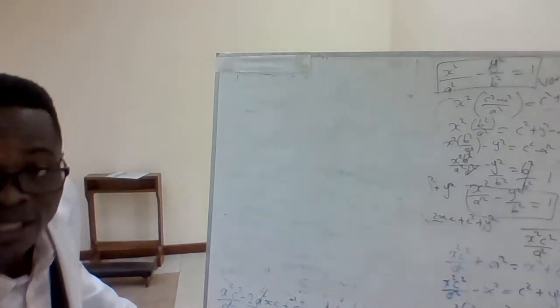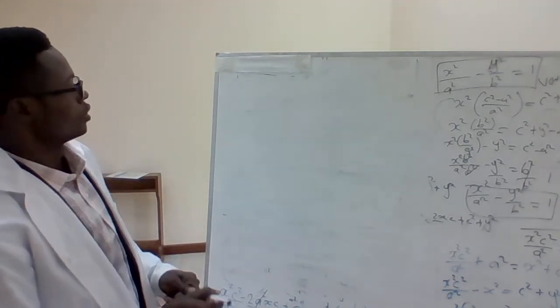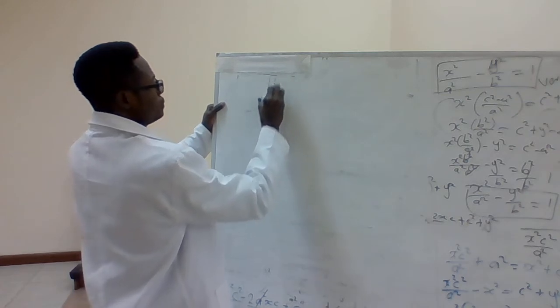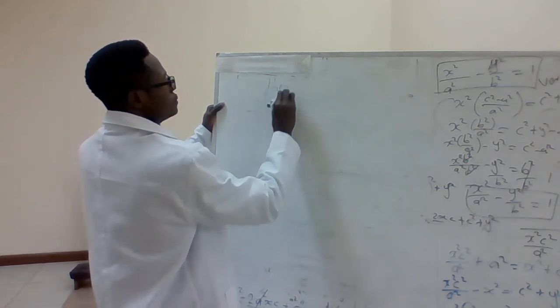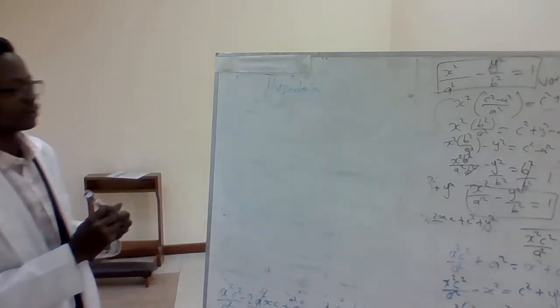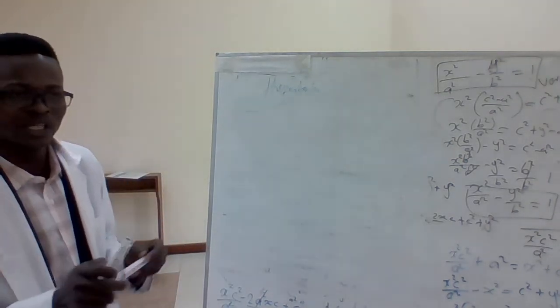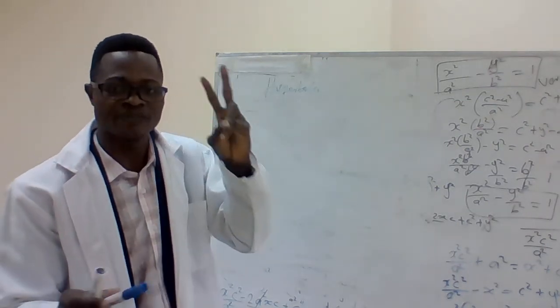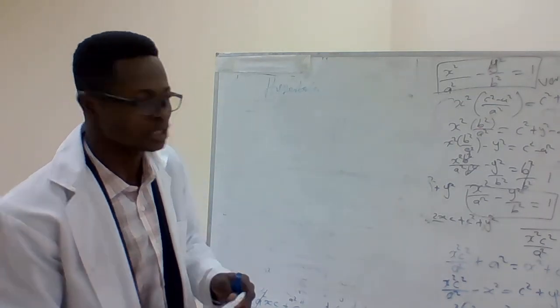Okay, so let us get started. We are talking about a hyperbola. And from definition, we have said that it defines the distance, the two fixed distances in a plane.